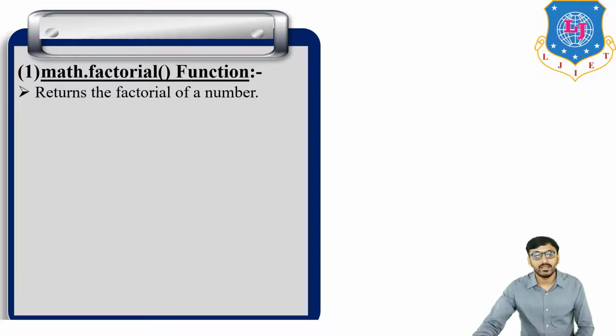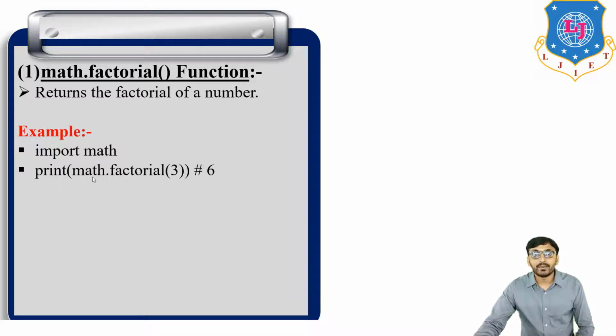Now, for example, import math. Math is one type of module that contains a number of variables and functions. Now, print math.factorial(3). It means we find the factorial of 3.